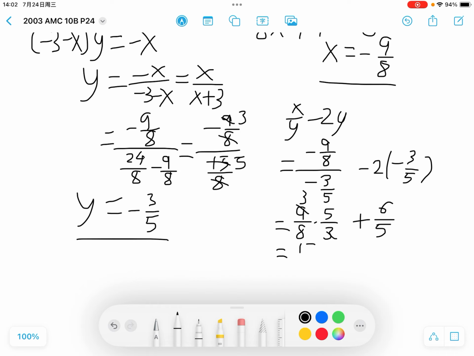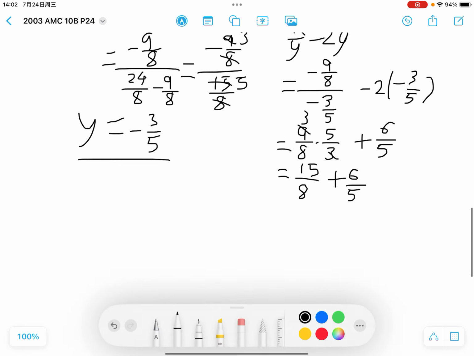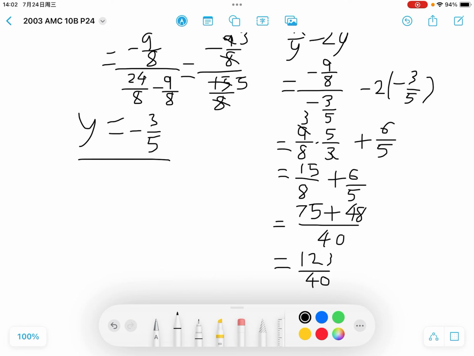So basically our whole expression is 15 over 8 plus 6 over 5. We can make this have a common denominator of 40. If we multiply 15 by 5, we have 75. If we multiply 6 by 8, we have 48. And the common denominator is 40. So this just gives us 123 over 40.